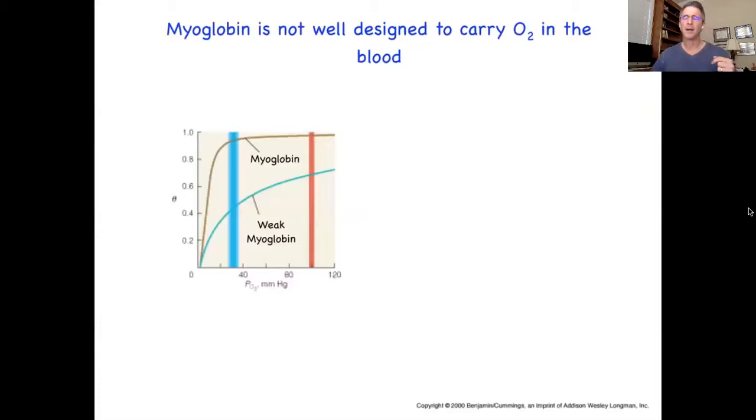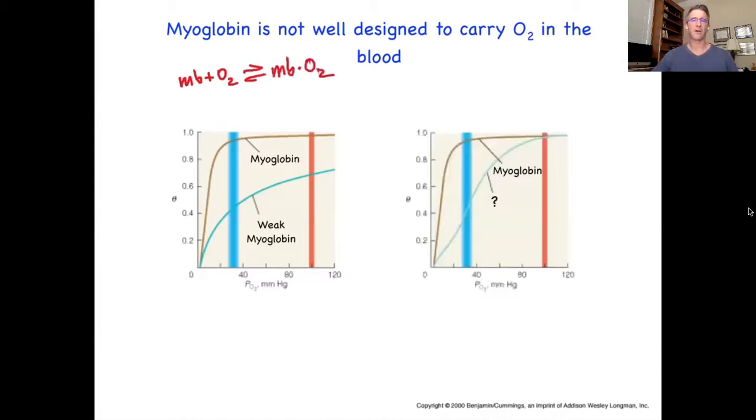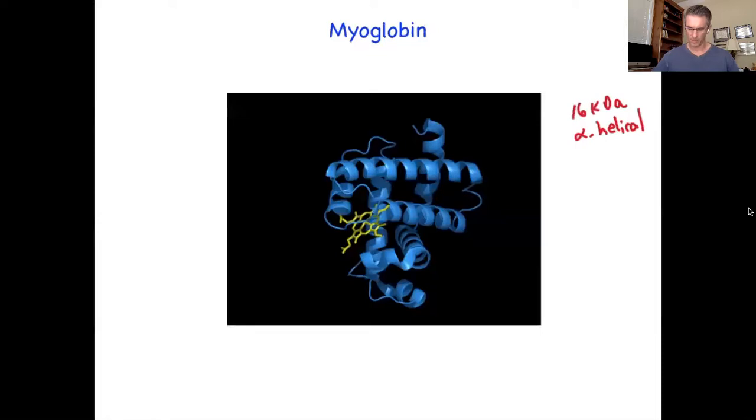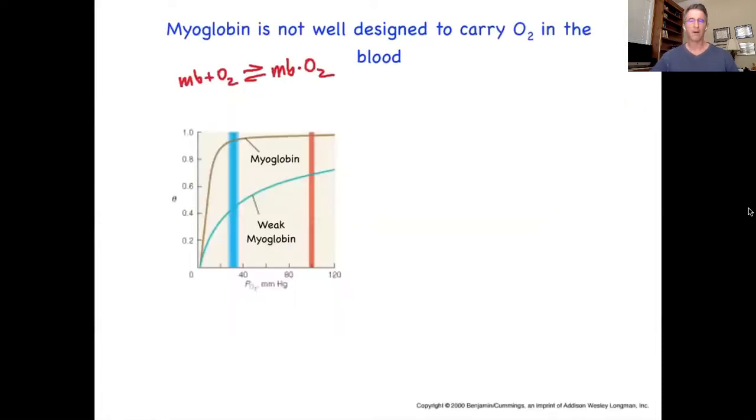Remember, myoglobin is a single site, simple ligand binding molecule. So we could write it down as myoglobin plus oxygen gives us myoglobin bound to oxygen. And that's more or less exactly what you would expect for a simple system like I just showed you. It binds one ligand, it's good.